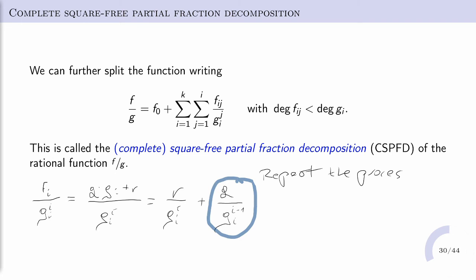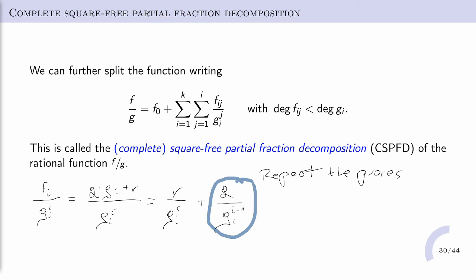So we have split out this fraction where the numerator has a degree lower than the degree of gi, not gi to the ith power, but gi itself, and some other fraction where the exponent is lower.